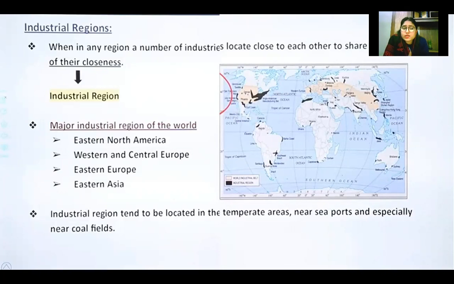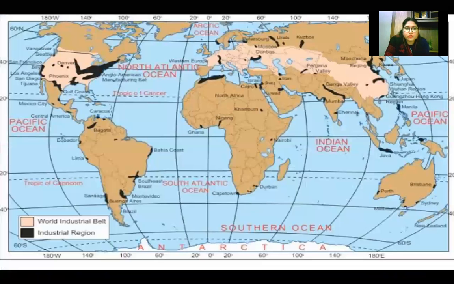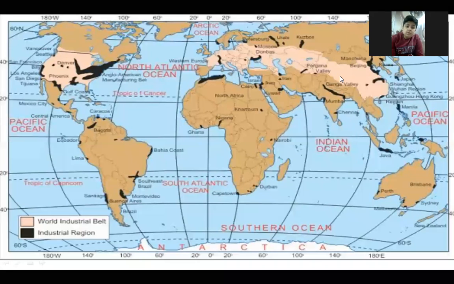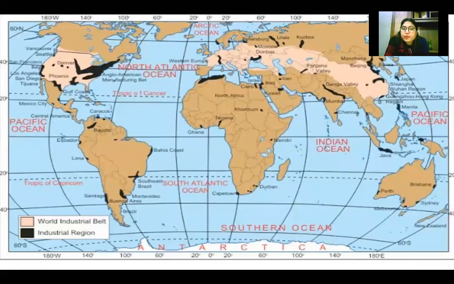Now if you look carefully at the map, this pink shaded region is coming under which area? Is it tropical or is it temperate? Can anyone tell me? This pink shaded region, see here also and this also. Yes, it is the temperate region.